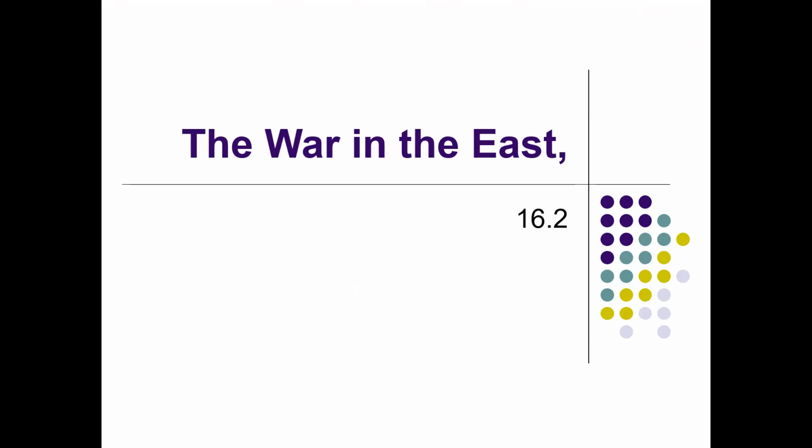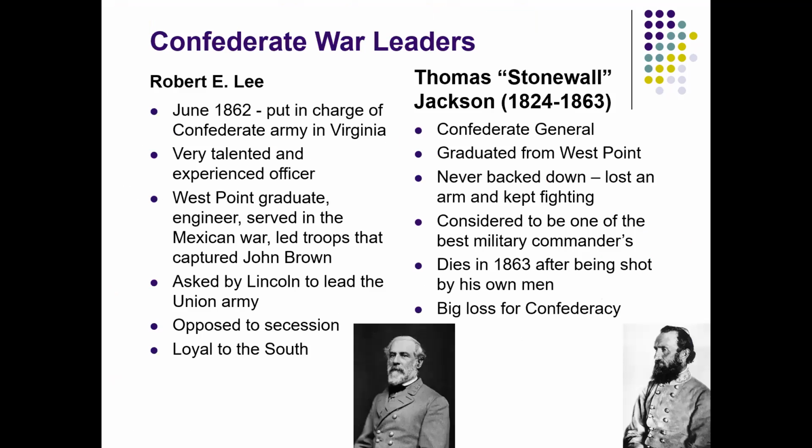Now we'll start talking about the war in the East here. Leaders of the two sides. Robert E. Lee is going to be the overall leader of the South throughout the entire war. He was actually given the option by Lincoln to be the leader of the Union Army, and he had a choice to make, just like Jefferson Davis and many of the other Southern leaders.